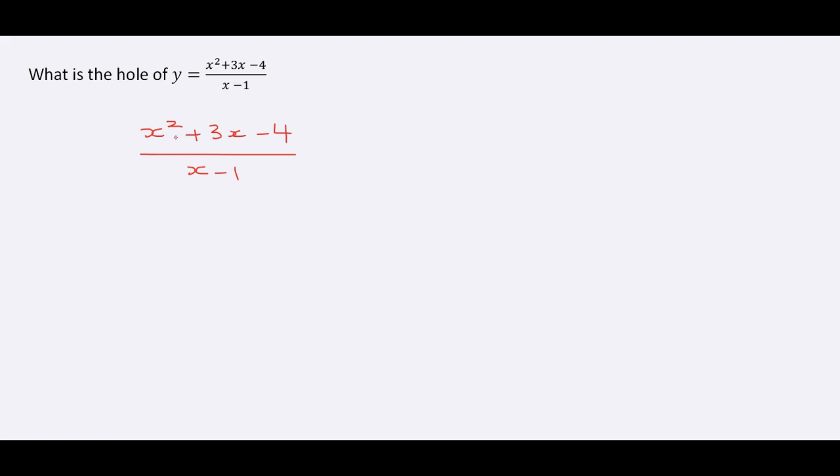To factor this, we see that we have minus 4, so the product is minus 4 and the sum is plus 3, so we have x plus 4 times x minus 1 divided by x minus 1.